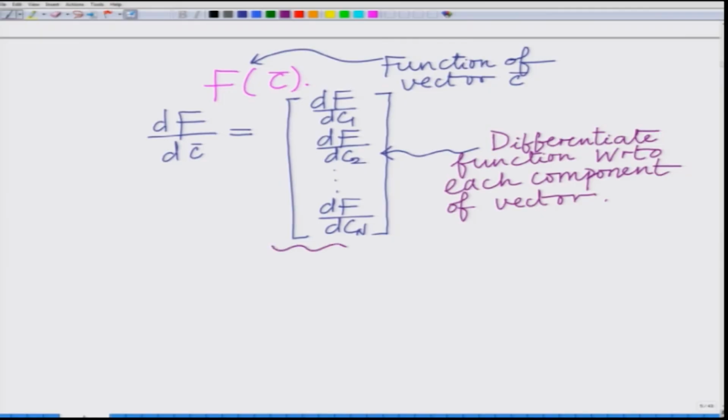The vector derivative is naturally going to be an n dimensional vector, because it contains the different components df by dc1, df by dc2, and so on up to df by dcn.